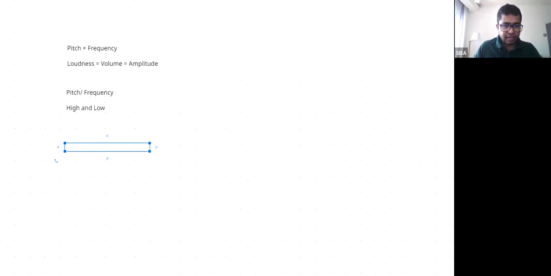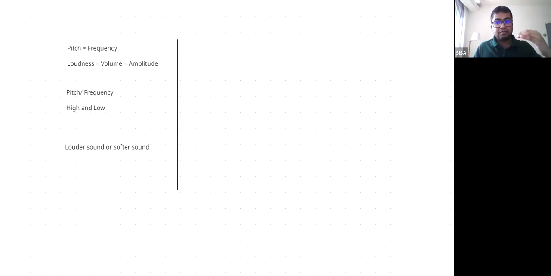Then, how do you make a louder sound? So now we know the terms. Next we are going to see how we make a sound high frequency or high pitch, and loud.